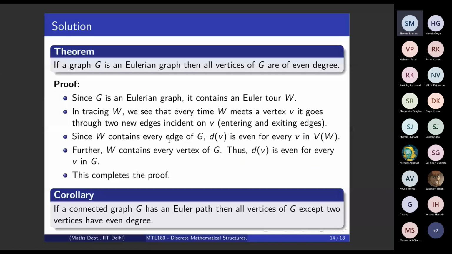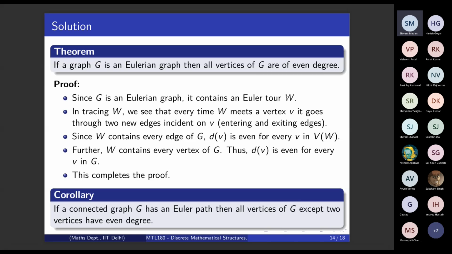So this is the proof actually. This is a constructive proof, because your W, this Eulerian circuit W, involves each vertex, each edge, right? When you trace this one, that is go out, go out, go out, and each go out you have 2 degree.